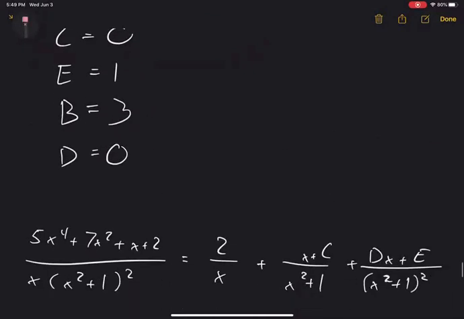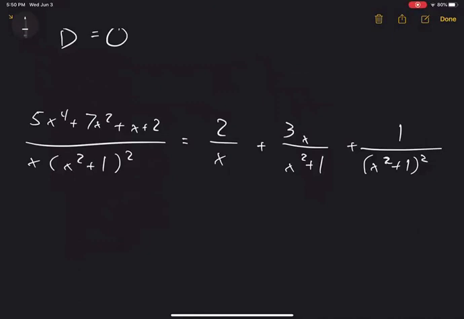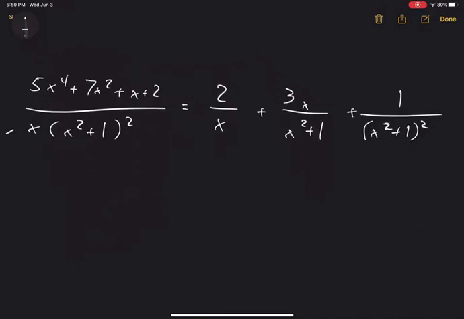B is equal to 3. C is equal to 0. D is equal to 0. E is equal to 1. So I should have this. Now I can integrate. So if I want to integrate this left side, I instead integrate this right side.